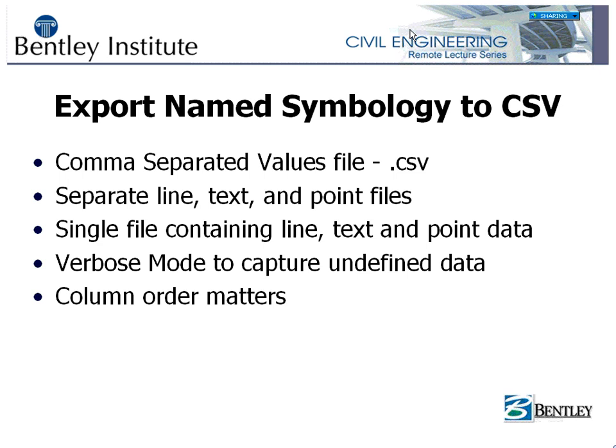The next tool that I want to talk about is the Export Name Symbology to CSV tool. This tool allows you to export name symbologies to a comma-separated values file that contains all the information on the parameters that define how a point, line, or text will appear in plan view, profiles, and in cross-sections.